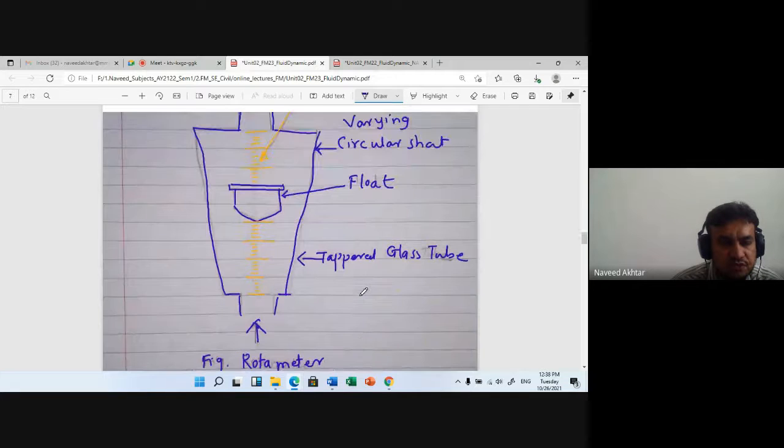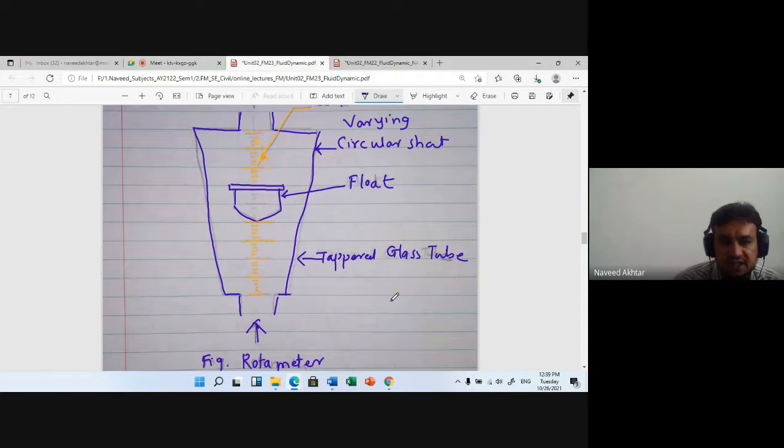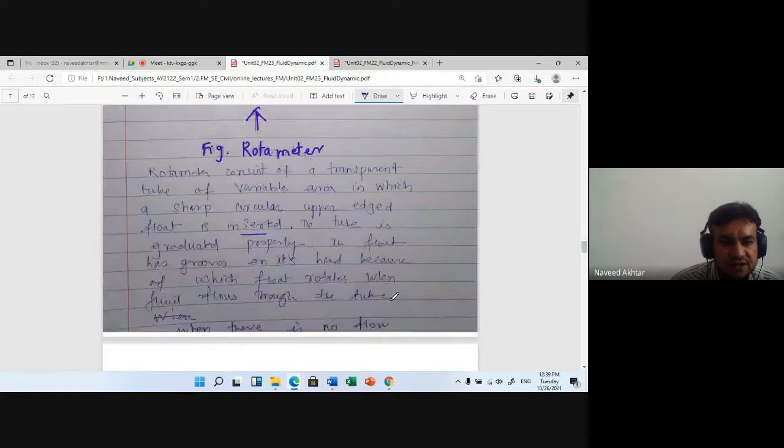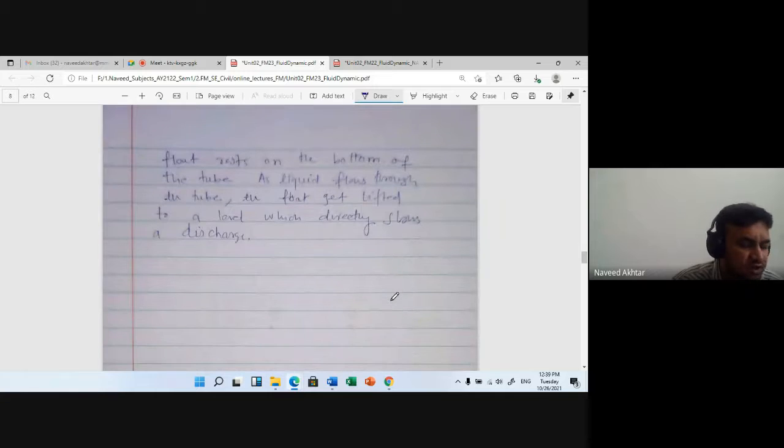So here also, at the start, the float is at the bottom, at this level. When the flow starts, it will go up, and that reading will directly give the discharge through that rotameter.